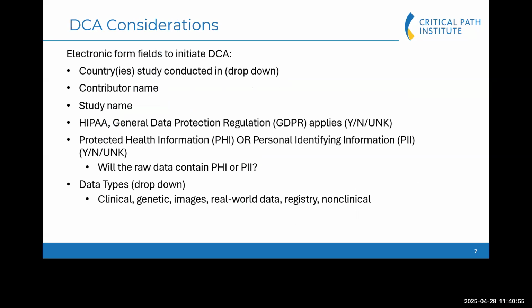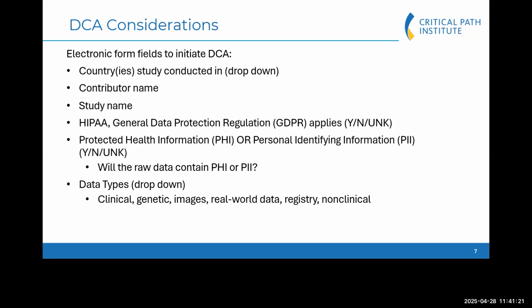And so some of the considerations obviously are the countries where it's available. We have a GDPR compliant and a non-GDPR option if it's just national. The contributor name, who actually is the contributor and who owns the data, whether it's an academic institution versus an advocacy group versus an industry.